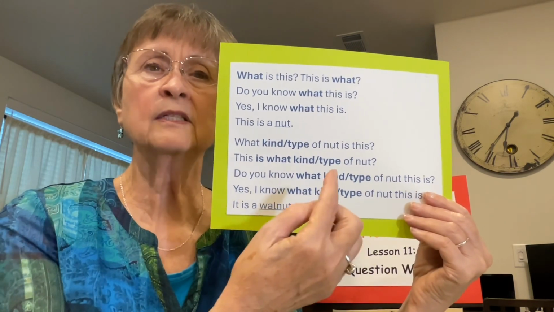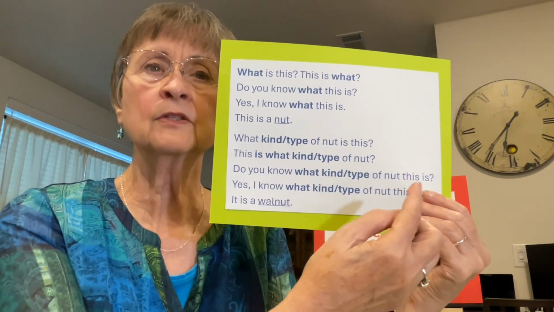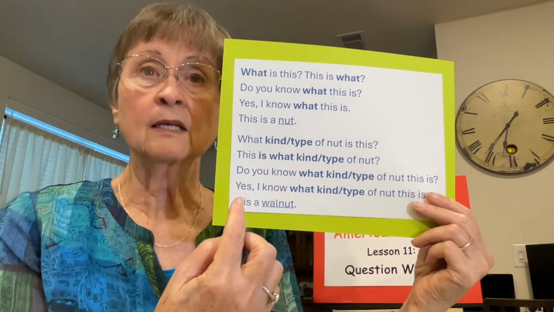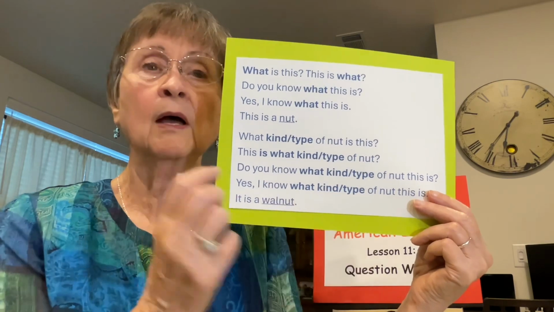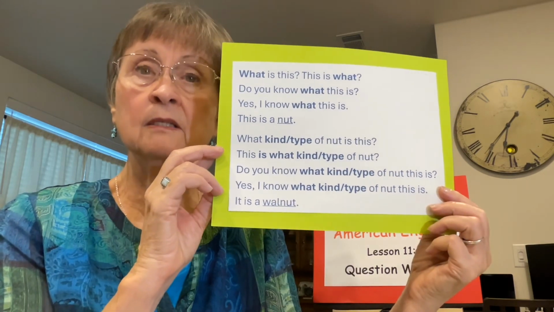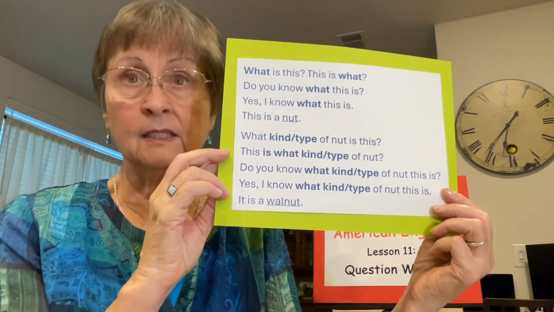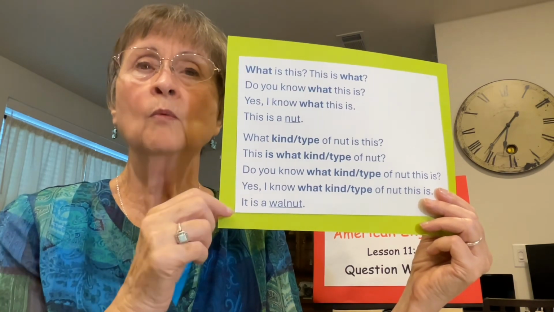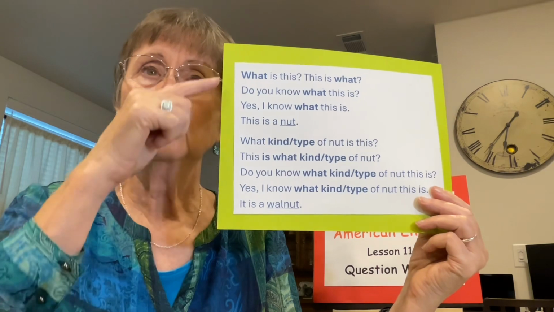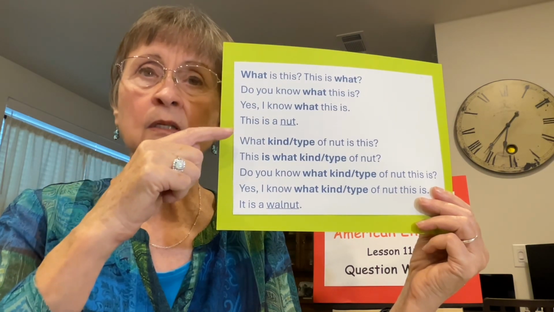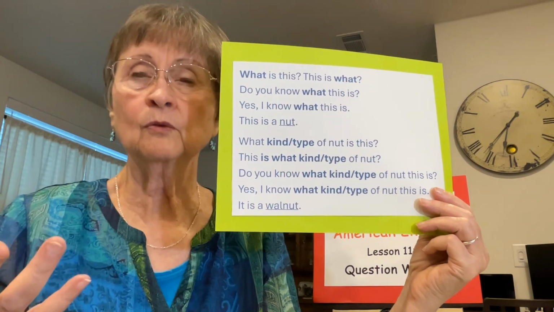Do you know what type of nut this is? Yes, I know what kind or type of nut this is. It is a walnut. These are sentences that I hope you will practice reading yourself. Stop the video, read the sentences until they sound natural to you.